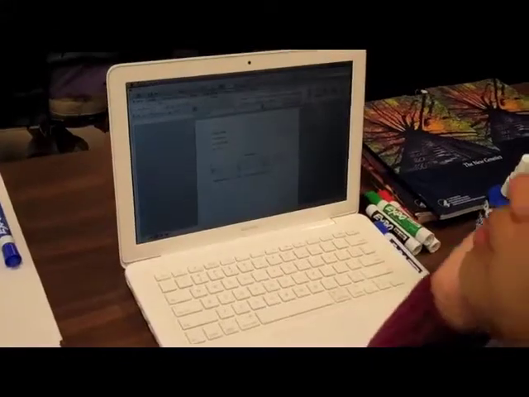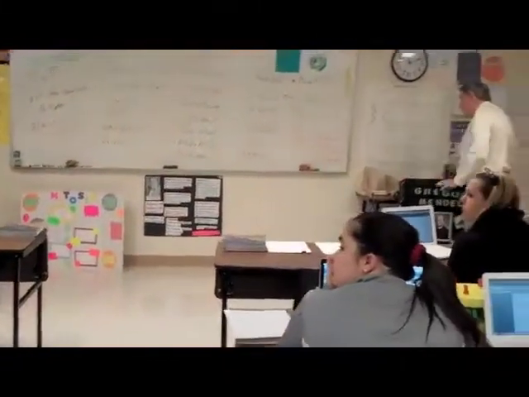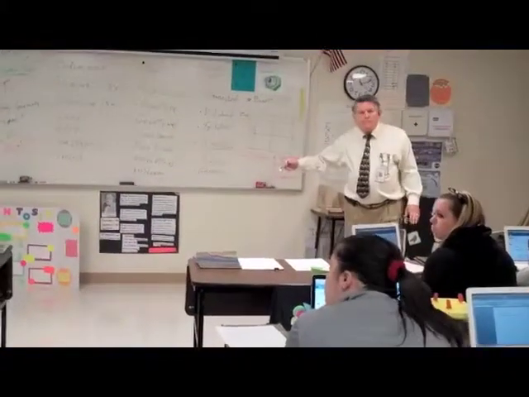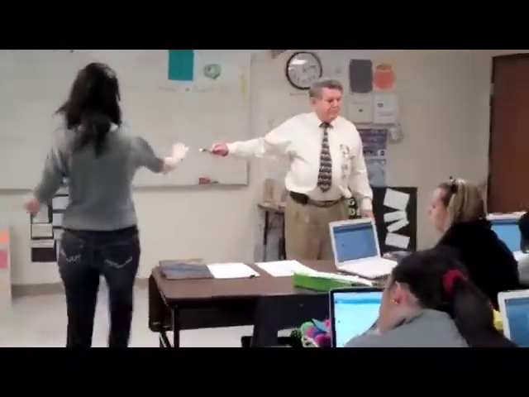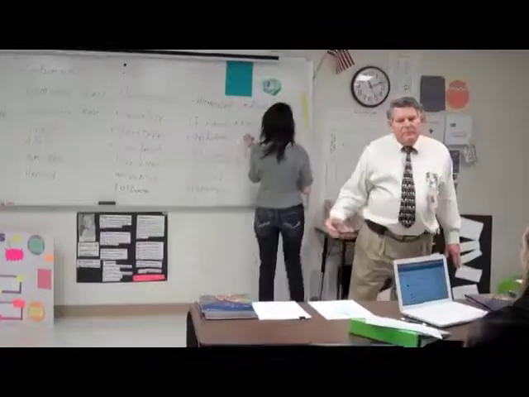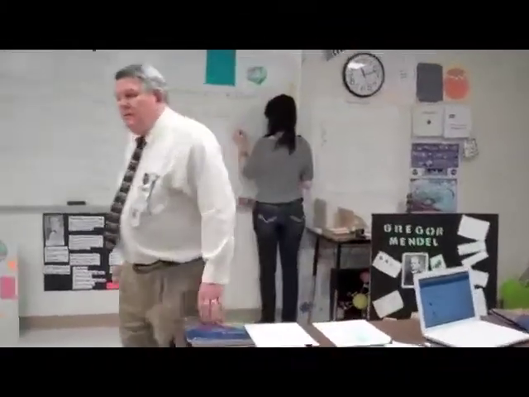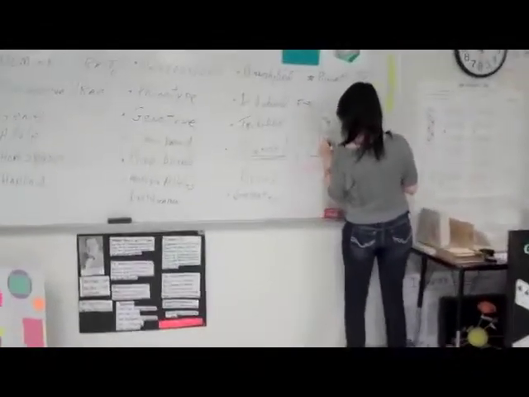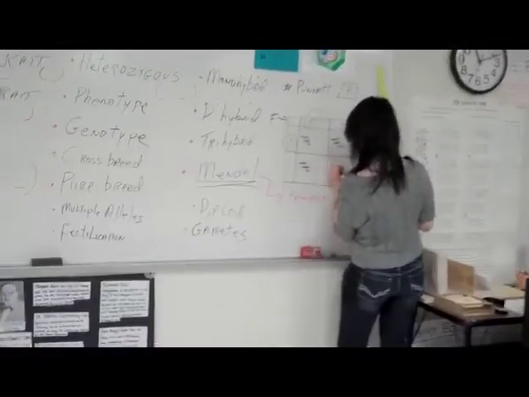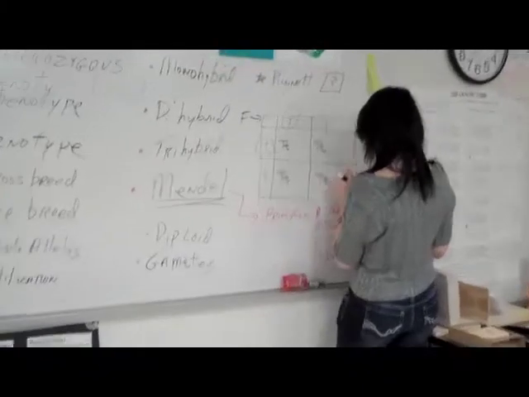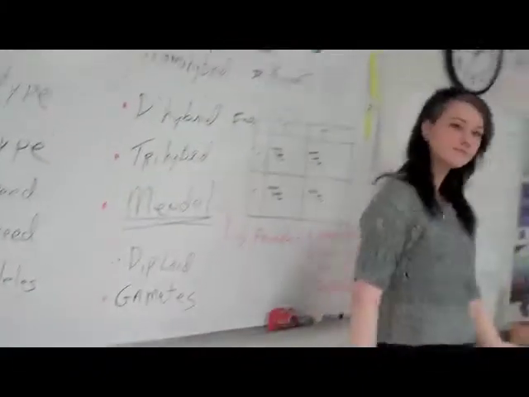Audrey, I'm going to ask you to come up here and fill out this Punnett square for us, please. After she does this, we're going to look at the board, and any of the terms that you are not familiar with, I want you to ask questions about, and then we're going to go to the Punnett square game.